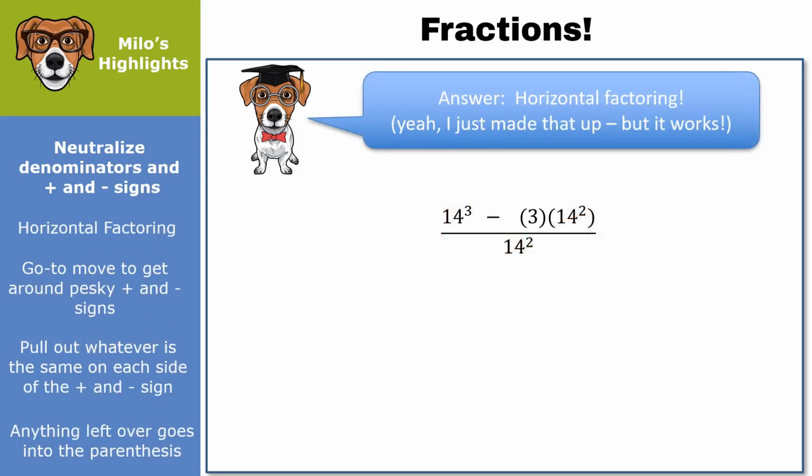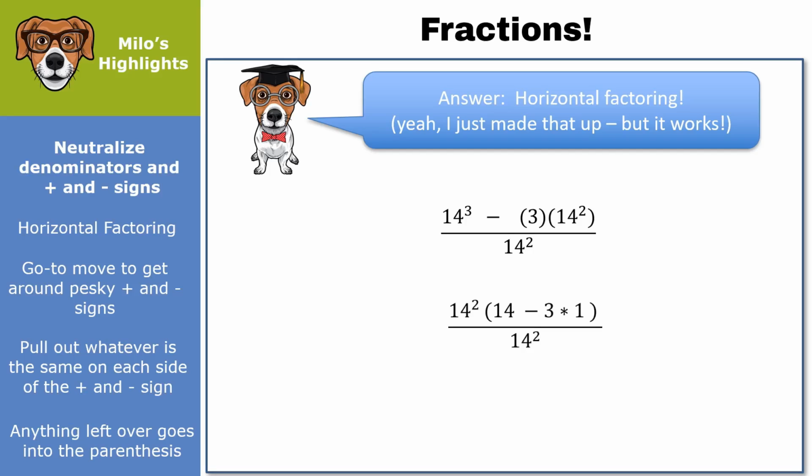So the first step is to see what you have that's the same on both sides of the plus or minus sign. And in this case, I see each side of that minus sign has a couple 14s in it, has 14 squared. So we can horizontally factor out the 14 squared and put what's left over inside the parentheses like this.